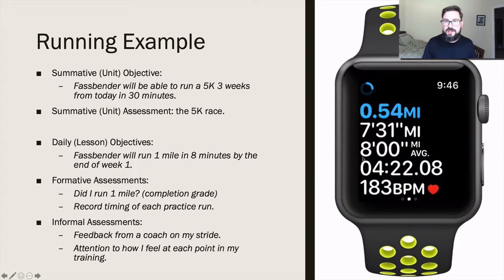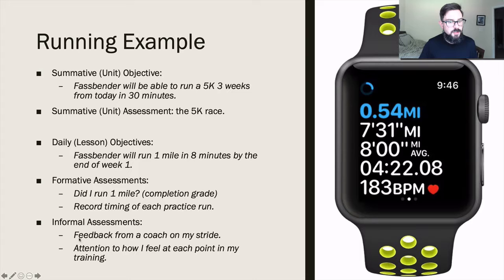If I look at my Apple Watch, I see whether I actually ran the 1 mile, and whether I ran it under that 8-minute mile I was hoping for. If yes, perhaps I'm ready to try running 2 miles in, I think I said 18 minutes. Am I ready to move on to the next step? If not, I need to continue working on that 1 mile until I reach 8 minutes. So that might be my formative assessment, checking in on my smaller goals.